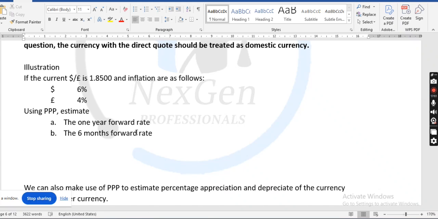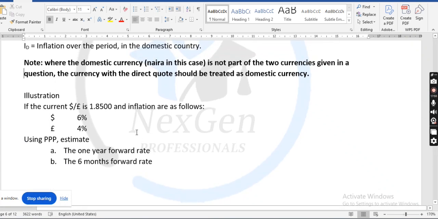This is under foreign exchange, right? Now, the purchase power parity talks about inflation, that is, the spot rate should be adjusted by inflation of the two countries, right?